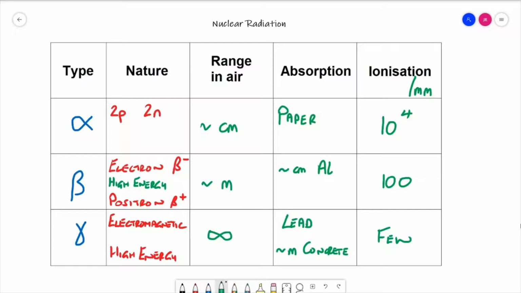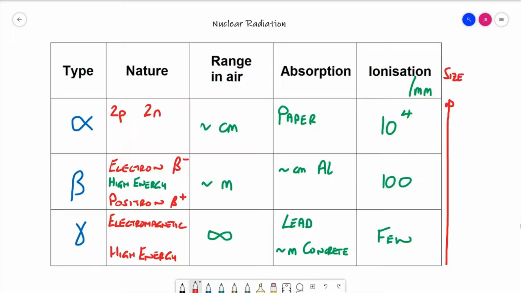Sometimes in a millimetre it might not even create any ions whatsoever, so the number is very small.